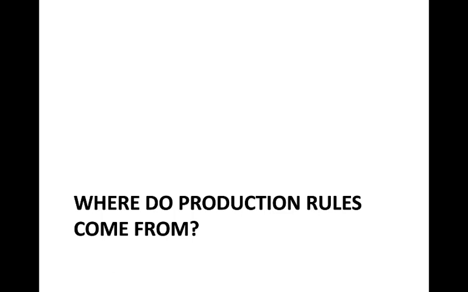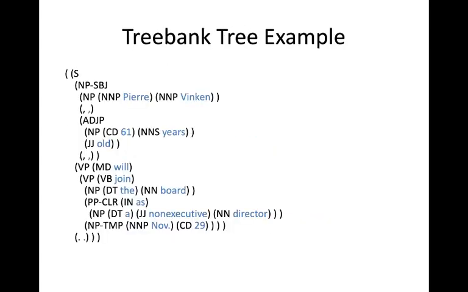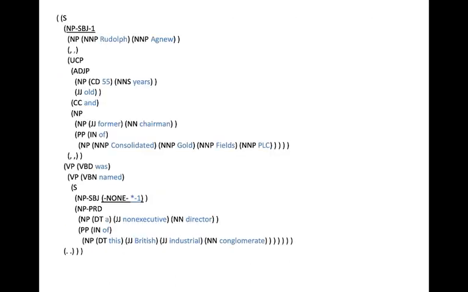So a while back, we saw this, and we noticed that we can derive production rules from a tree in this way. And you can do this with a whole treebank.